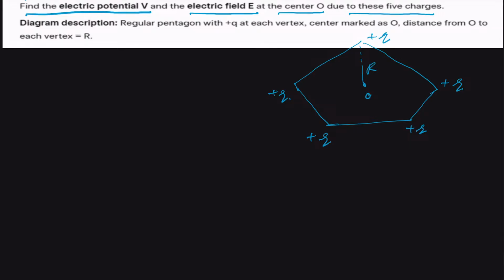So we know that electric potential is a scalar quantity, so we can just add it algebraically. So we can say that for a point charge, our V will be equal to 1/4 pi epsilon naught q upon r.